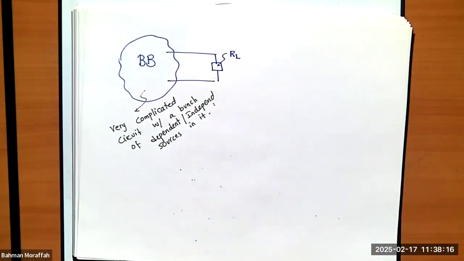What if I could replace that black box by a simple circuit I know, for example, a voltage divider or a current divider?